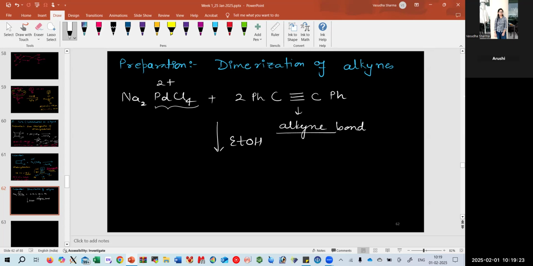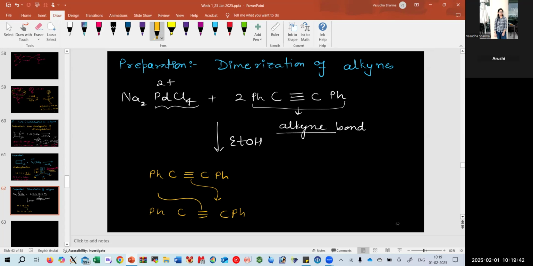So how would this particular system go into dimerization? Generally, when we have Ph-C triple bond C-H and we take 2 molecules, one bond goes and binds with our carbon, and again, since the charge increases, this goes and binds here.